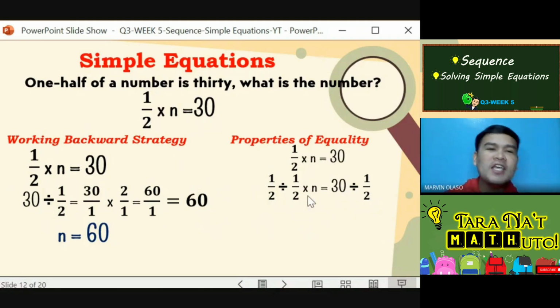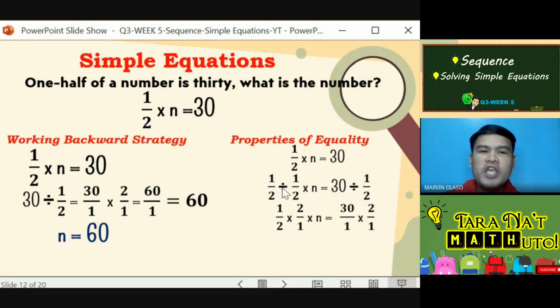Again, balikan natin yung ating CCF. 1/2, copy natin C, copy 1/2. Then, change division to multiplication. We have times. Then, flip natin yung 1/2, 2 over 1. Then, copy muna yung times n equals. Same, CCF, copy 30 by putting denominator 1. We have 30 over 1. Change to multiplication. Then, 1/2, balik na rin natin 2 over 1.